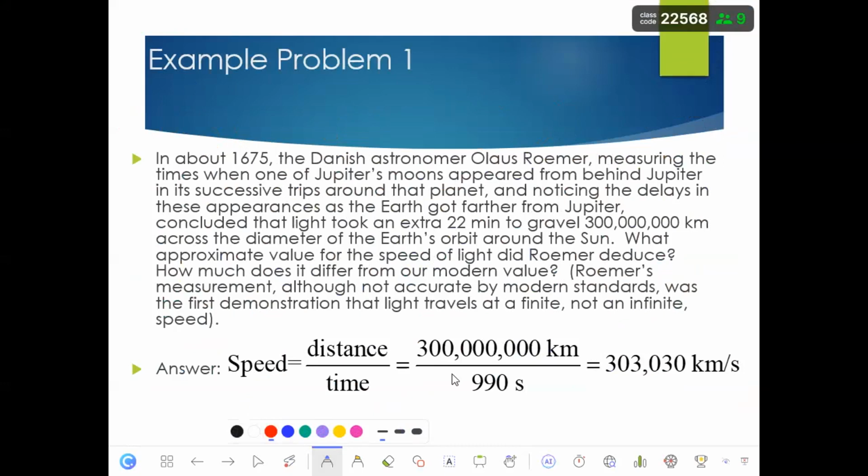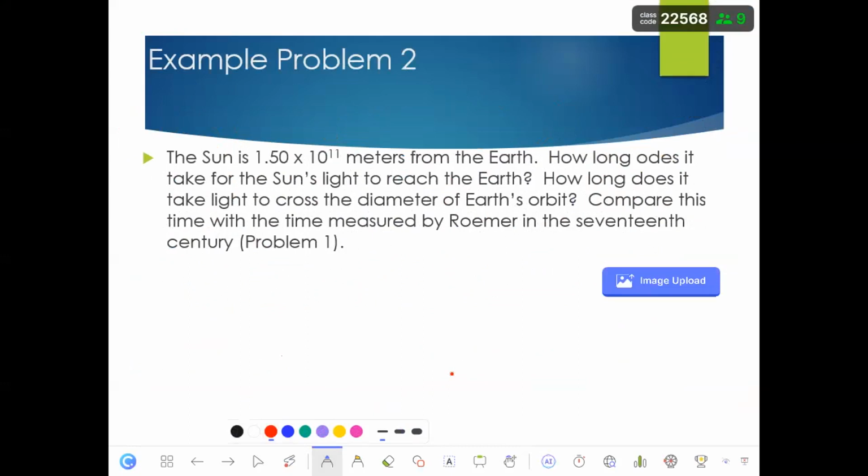So again, the formula that you used for exam 3, you will be using for other examples as well. Let's start with example number 2. We have the sun and its distance from the earth is 1.5 times 10 to the power of 11 meters.